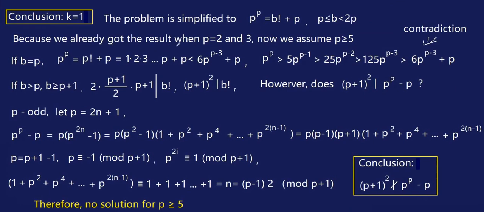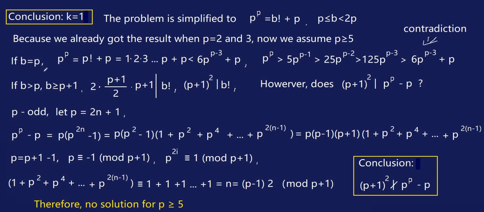Because we already got the result when p is equal to 2 and 3, now we assume p is greater than or equal to 5, which is the next prime number. And we will show b cannot be p. b must be greater than p.